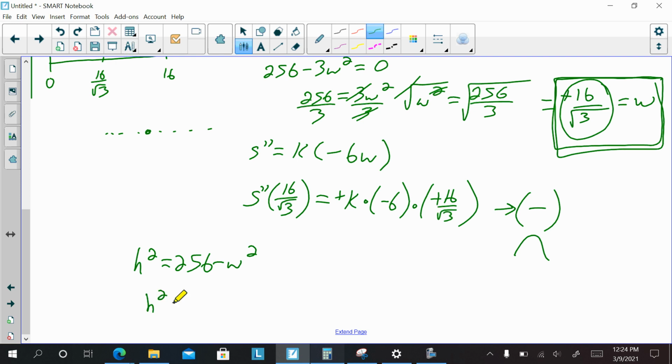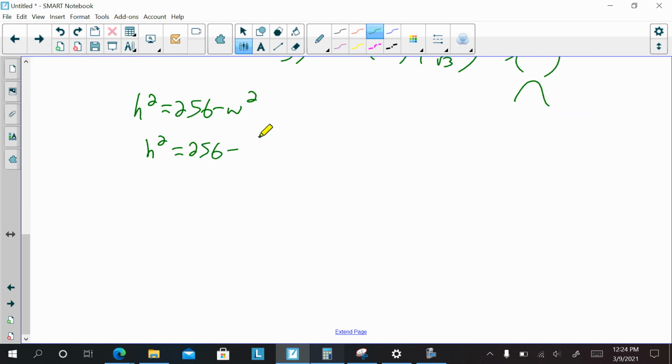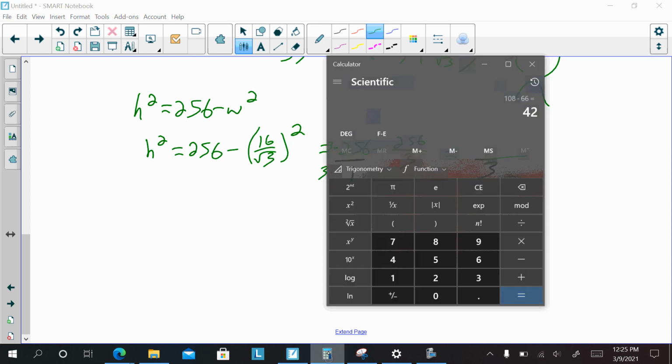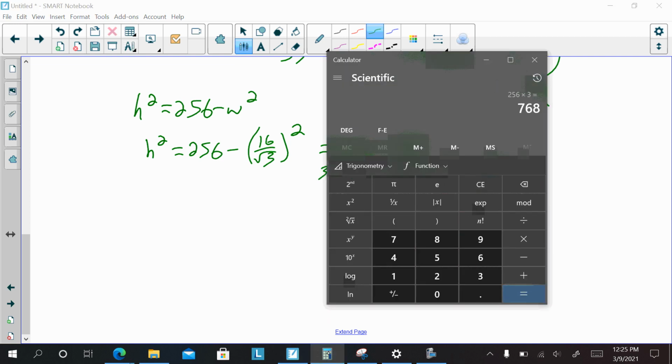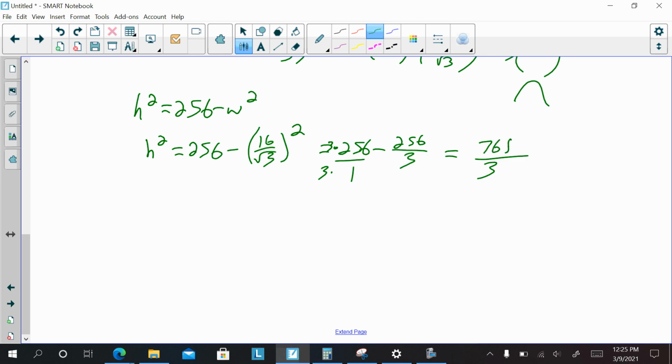So the height squared is 256 minus 16 over root 3 squared. So 256 minus 16 squared over the square root of 3 squared. Our common denominator will be 3. So 3 on bottom. On top, we would have 256 times 3. So 768 minus 256.